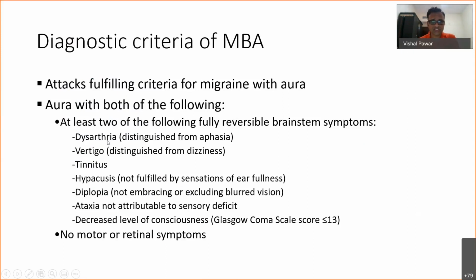This patient had vertigo, ataxia, and decreased level of consciousness. So there were three reversible brainstem symptoms, and there was no motor or retinal symptom.